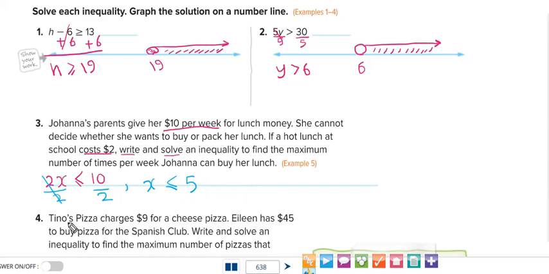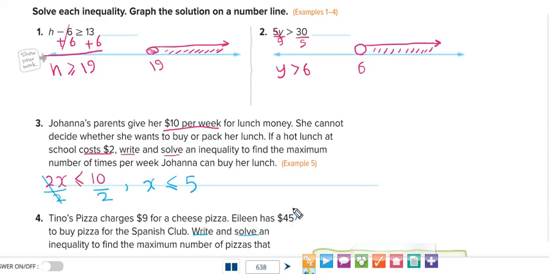Now another example. Tino's Pizza charged $9 for a cheese pizza. Eileen has $45 to buy pizza for the Spanish club. Write and solve an inequality to find the maximum number of pizzas that she can buy.